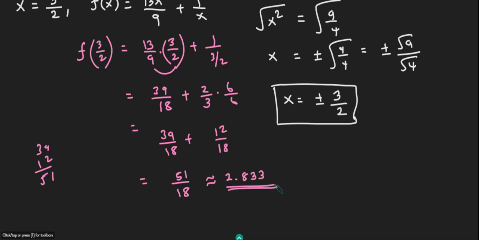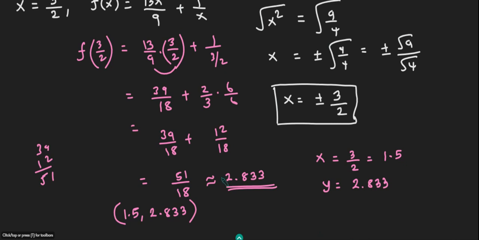So this is the y value when x equals 3 by 2. So we can say that at x equal to 3 by 2, or in terms of decimal 1.5, y equals 2.833. So we see that one of the points is 1.5 comma 2.833.